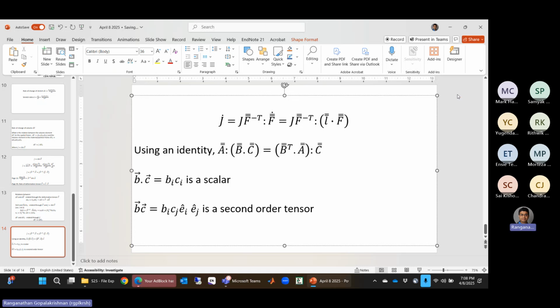Okay. If you take a second order tensor like B, take a second order tensor and then you dot it with a vector, which is a first order tensor, what do you get? What's the resulting quantity? This would be Bij eiej. And then you have C, which you have to dot.